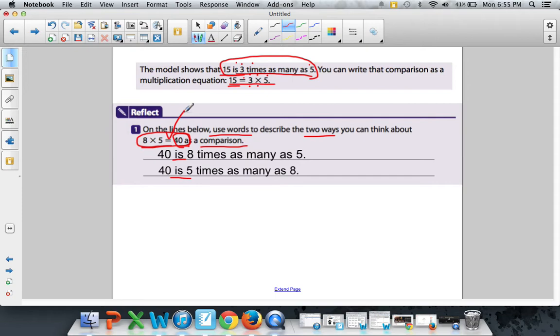Then I just got to talk about the multiplication that's happening. 8 times as many as 5, or 5 times as many as 8. 8 times 5, 5 times 8, same difference. Do you see how you connect the equation to multiplication comparisons? It's not so bad. Let's move on.